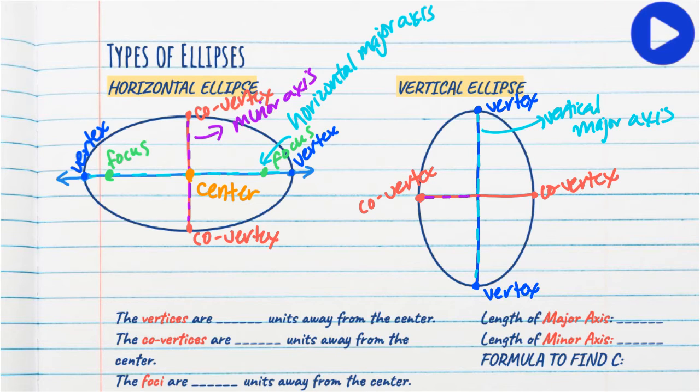So this is a horizontal minor axis. All right, that would put your center here. Oops. There we go. And then one of your focus points here, and then the other focus point here.